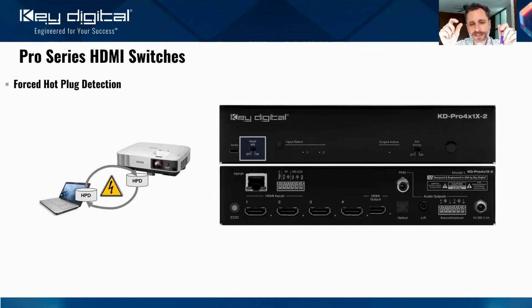It's called Forced HPD. So we've talked about this in some of these courses already. Forgive me if any of this is redundant to you, but HPD is just, if you have a source connected directly to the display, it's voltage and it's a loop. So it is voltage that goes from the source to the display saying, hey, you got a live partner here. And that's what lets that projector, for example, know, all right, we could land on this input instead of just continuing looking, right?